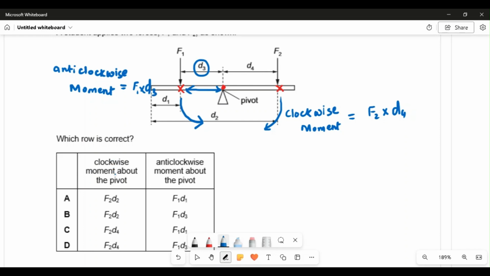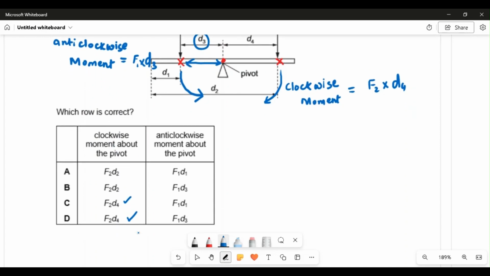So the right choice for clockwise movement is F2D4, so either it is C or D. Whereas for anti-clockwise movement, it is F1D3, that is option D. So our right choice here is option D.